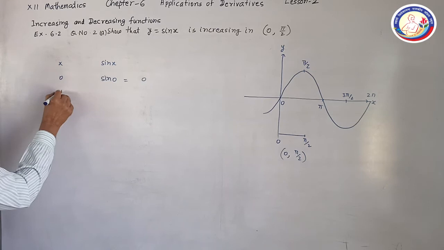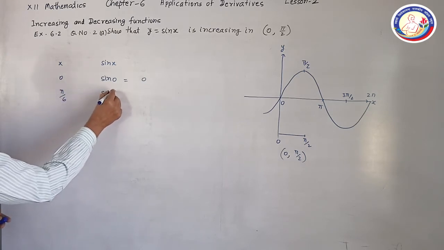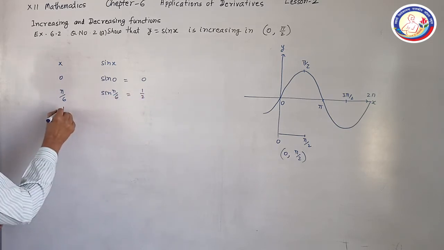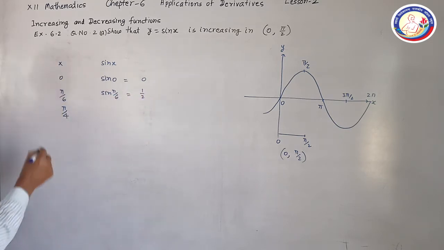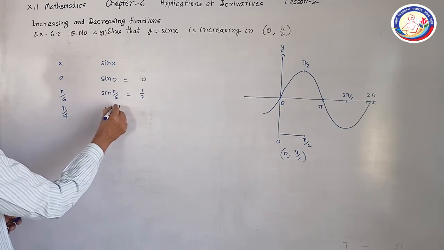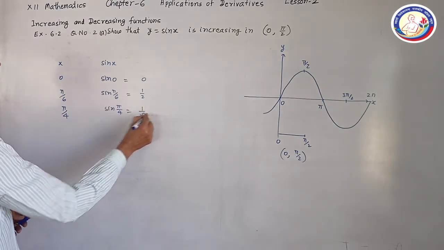When x is pi by 6, sine pi by 6 is 1 by 2. Again, if we take pi by 4, we are taking only standard values, one upon root 2.